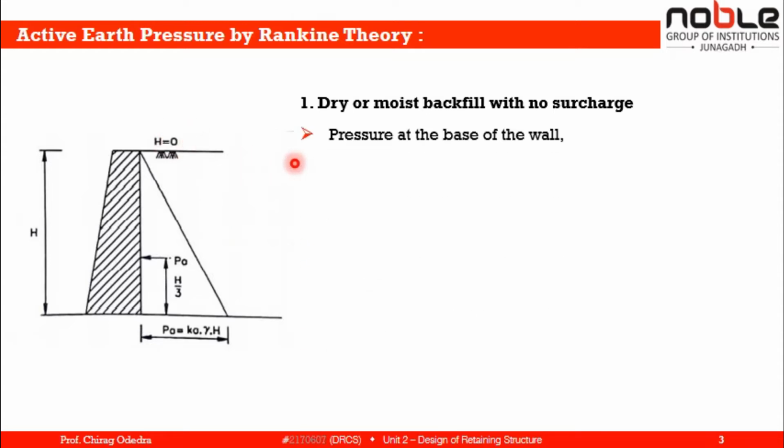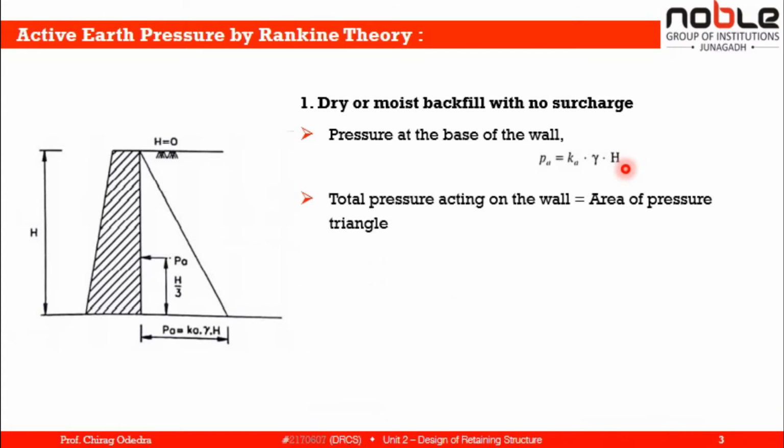The pressure at the base of the wall, where the height is h, is given by PA = Ka γ h. Here PA is pressure at the base of the wall, Ka is coefficient of active earth pressure, γ is the unit weight of the soil, and h is the height of the retaining wall.